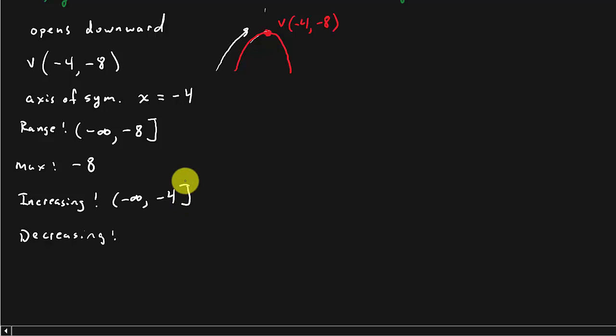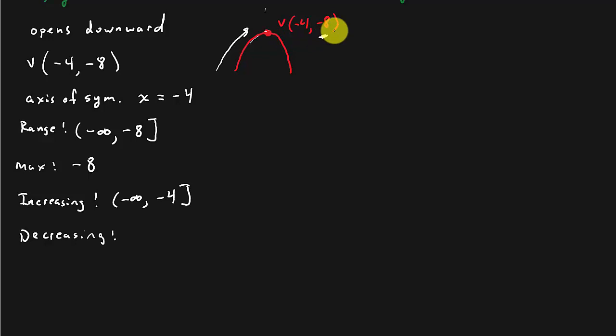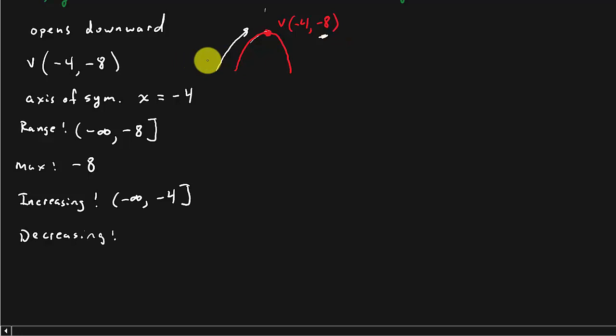Now you might be wondering, this thing stops increasing at -8. That's not what they're asking. When they're asking for the intervals where it's increasing and decreasing, they want to know over what x values it's increasing and decreasing. I don't know if you could have seen me when I pointed back over here when I said negative infinity. I wasn't saying down here it starts at negative infinity. It starts over here.